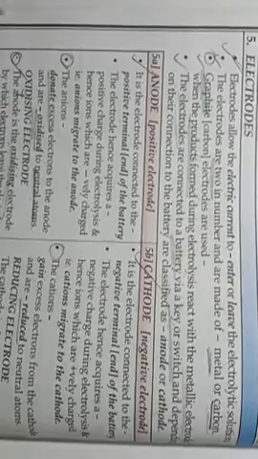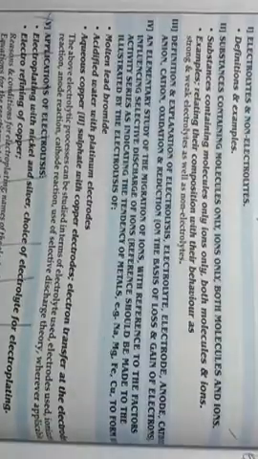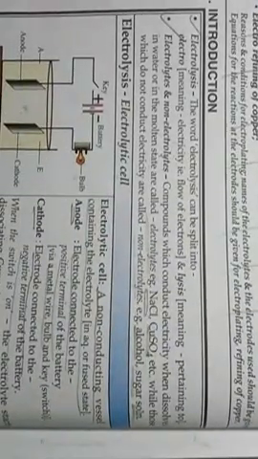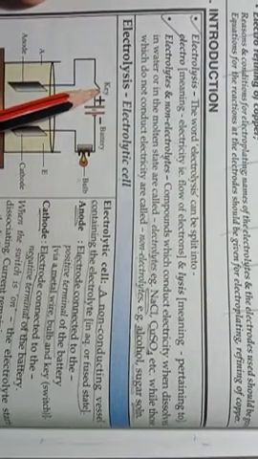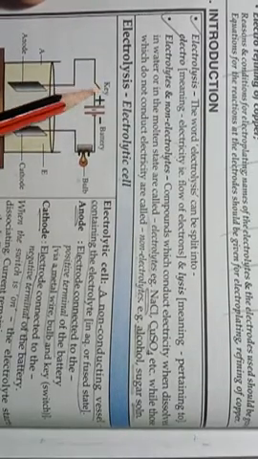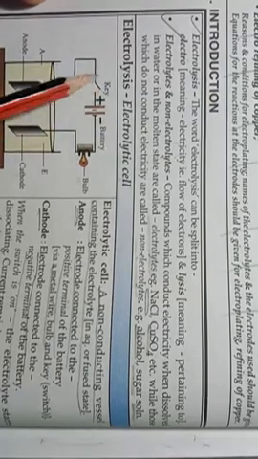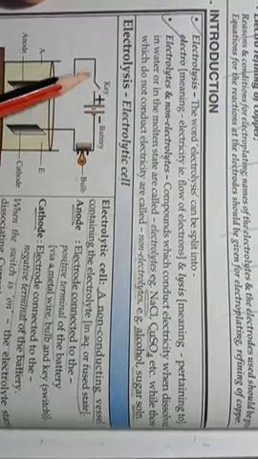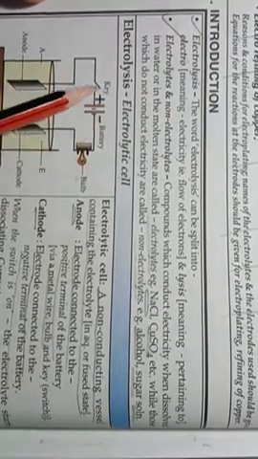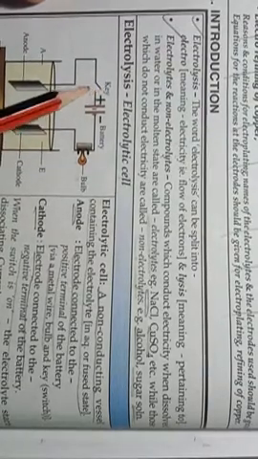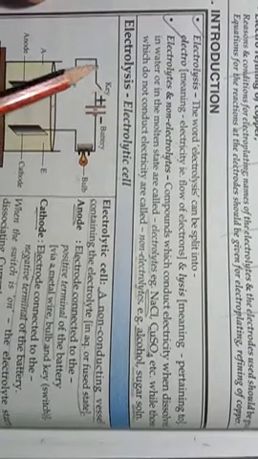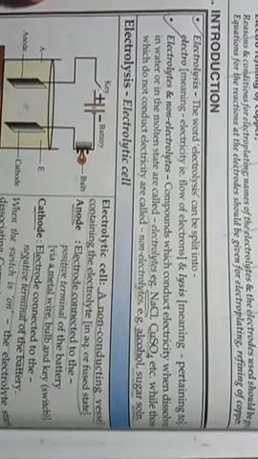Okay students, as you can see from here, the key or switch is present here. So when we close this key or switch, the circuit will be completed and the flow of electricity will start, and if we open this key or switch, then the circuit will become incomplete and the flow of electricity will stop.